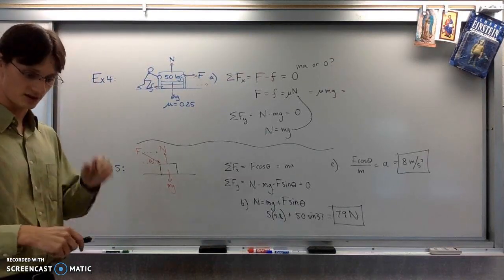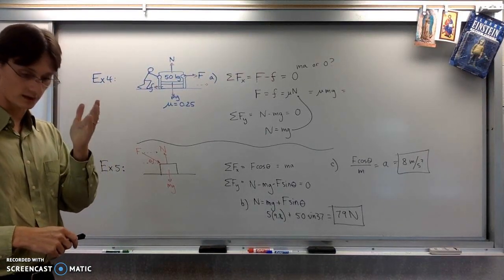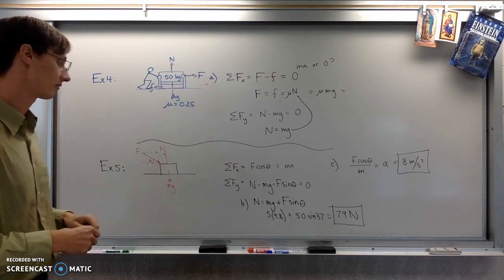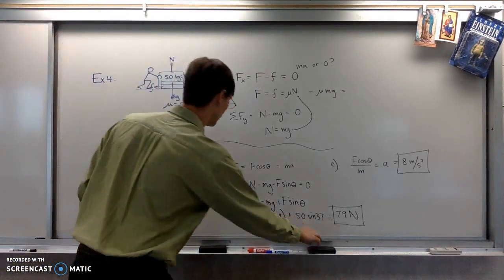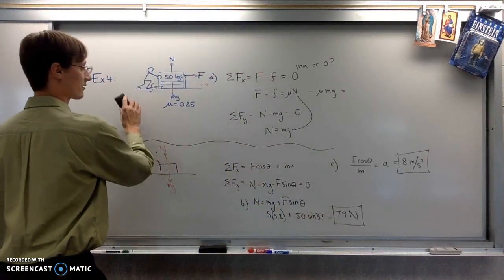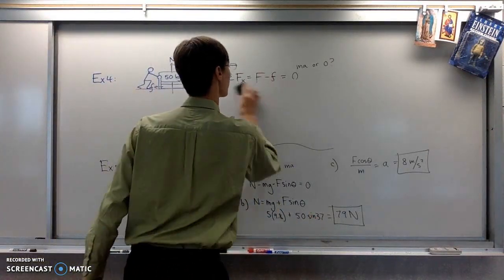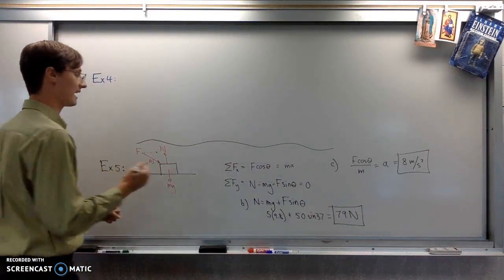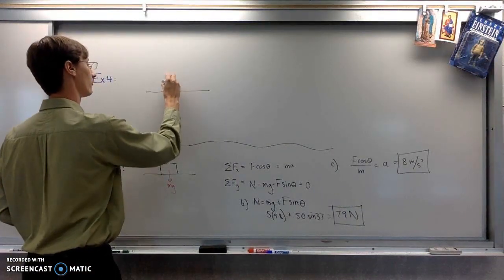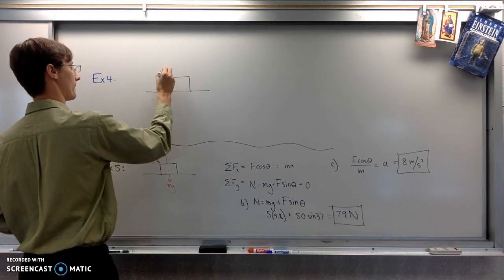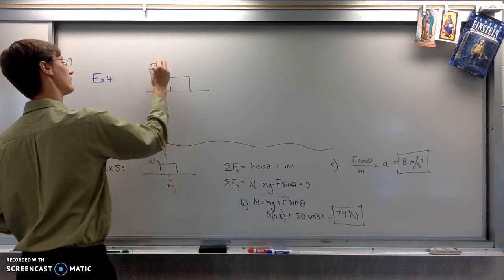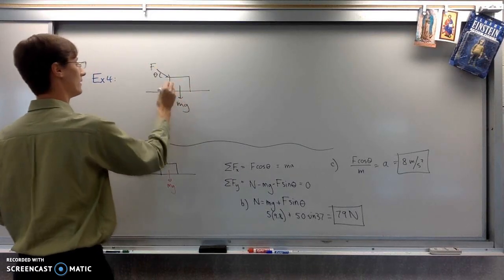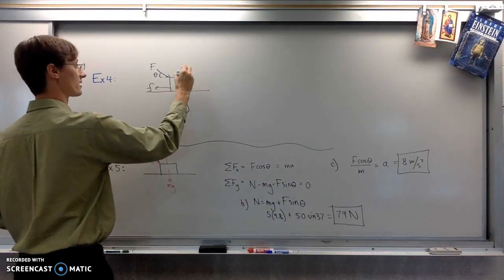All right, example 6 now. We're going to take the same question, but add in friction. And so everything is going to change. If we apply the force at an angle, and there is friction involved, then we'll add friction to our force diagram.